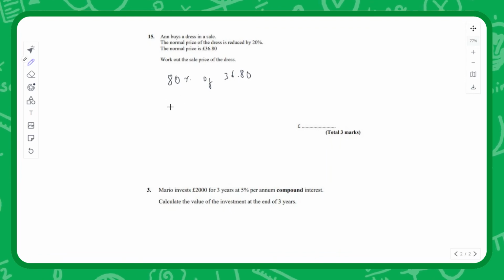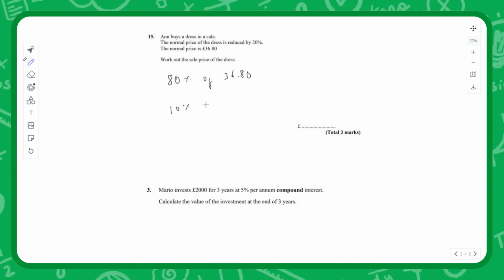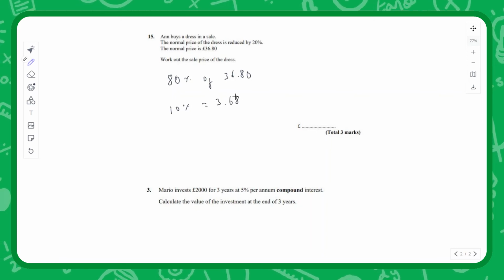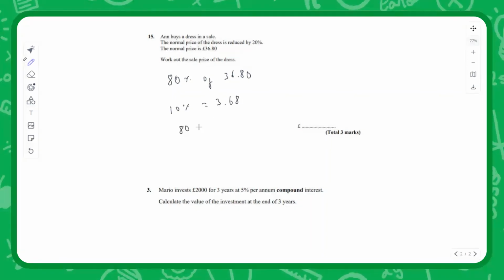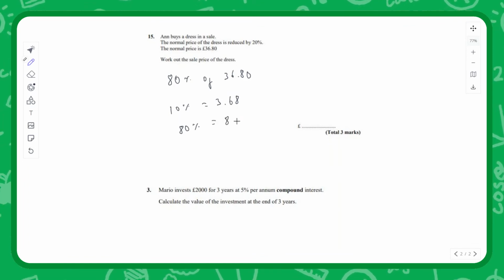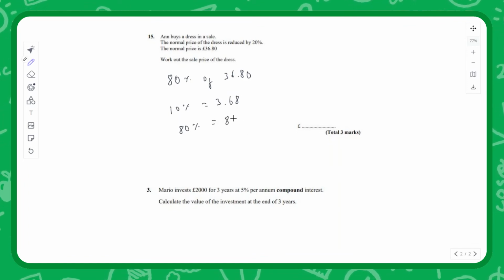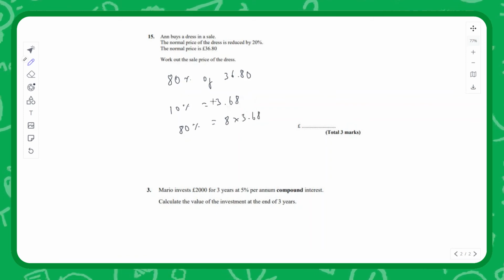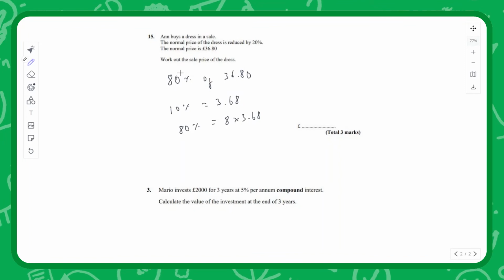We could say, well, 10% is going to give us £3.68. And so 80% is just going to be equal to 8 times this 10%, right? 8 times £3.68. Alternatively, we could just dive straight in and convert this into a decimal.